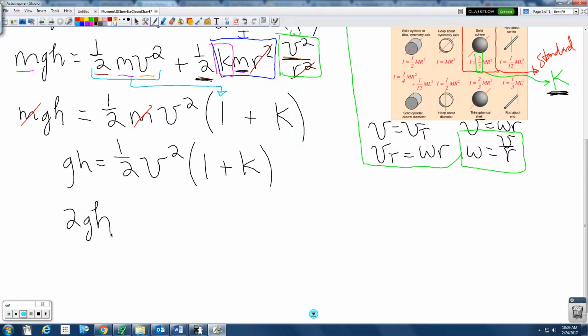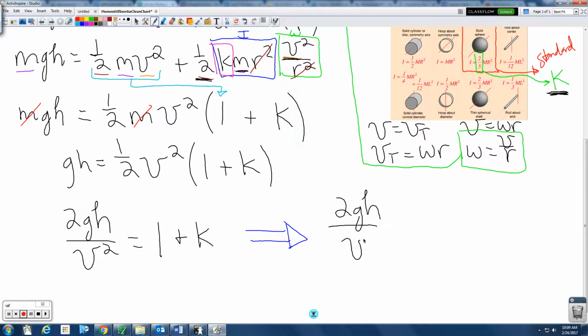Divide both sides by v squared, I get rid of my v squared. That equals 1 plus k. Let's bring it over to the right side for our final equation. What does this become? 2gh over v squared minus 1 equals k.